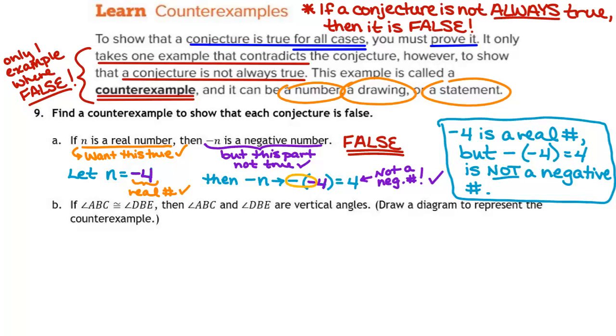Do you think that's the only counterexample I could have for this one? No. What about if I let n be 0? What happens if I do a negative and then a 0? Does that give me a negative number? No, that just gives me 0. 0 is not positive or negative. It's kind of neutral. It's in between the positive and negative numbers. So that could also be used for a counterexample.